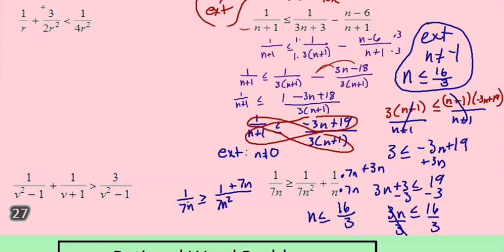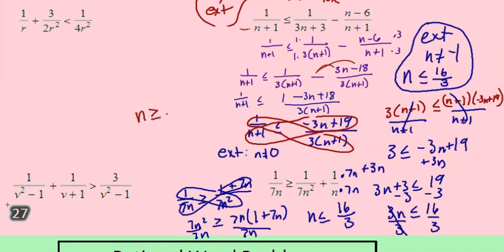Okay, cross multiply. So we have 7n squared is greater than or equal to 7n times 1 plus 7n. Well, one of those 7n's, they can divide that out. And then you're left with n is greater than or equal to 1 plus 7n.